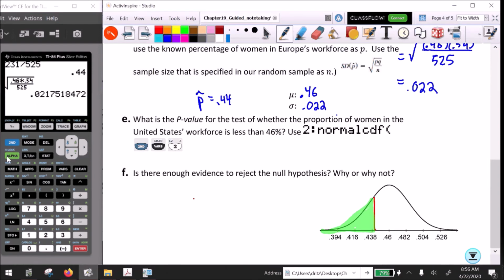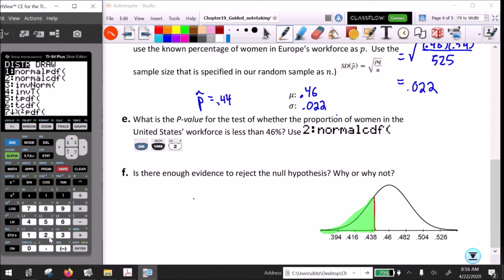So we're going to use the normal cumulative density function. Set that left bound at negative infinity. Set our right bound at our sample proportion, which is 44%. Our mean was that there are 46% of women in the workforce, and the standard error was 0.022.